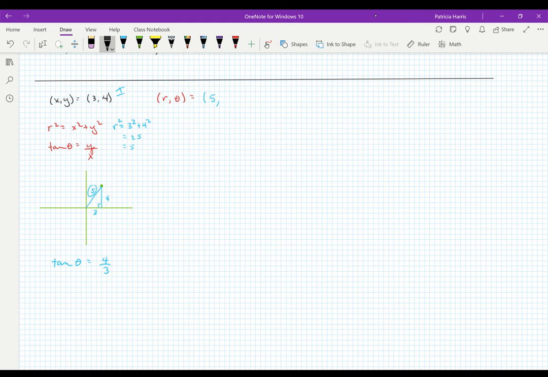We're going to use the tangent inverse. 53.13 degrees. Is that in the first quadrant? The first quadrant goes from 0 to 90 degrees. Looks like we're pretty good.